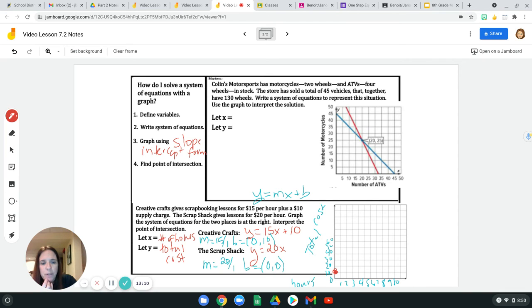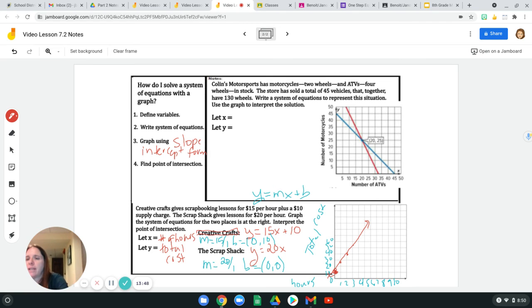So I would be between 20 and 30, and then right 1. 15 over 1. All right, and then 25 plus 15, that's going to be 40. So I go up to 40, and then right 1. And then 40 plus 15, I'd be at $55. So between the 50 and 60, and then right 1. That's pretty good. So I'll draw my line as straight as I can. Okay, and that's Creative Crafts. I'll put that in red.